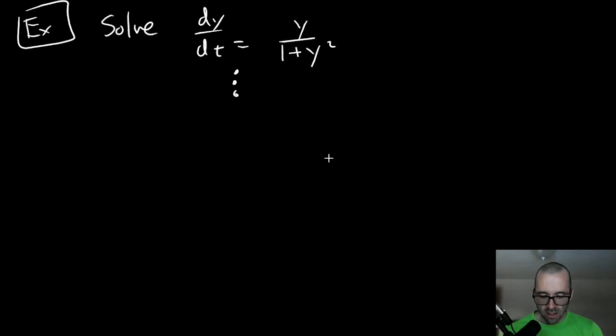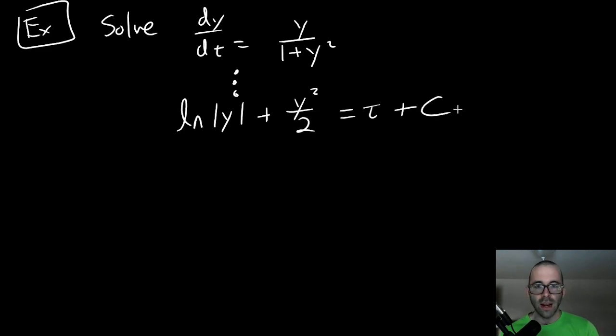Try to solve this using our technique that we introduced in the last video. And what you should get is, once you integrate both sides, you should find that the natural log of the absolute value of y plus y squared over 2 is equal to t plus c, which is great. That's correct. This is a general solution. Well, I think it's, again, missing an equilibrium solution of when y equals 0.